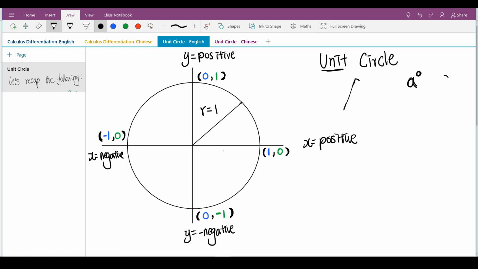And in radian, we use a little c to represent radian. And that just means the curve of the circle. So if we divide the circle into pieces, every piece of it is a radian. So every curve is a radian. So that is a radian. Right? So that's what radian is.